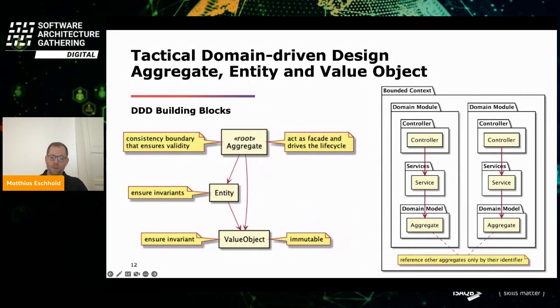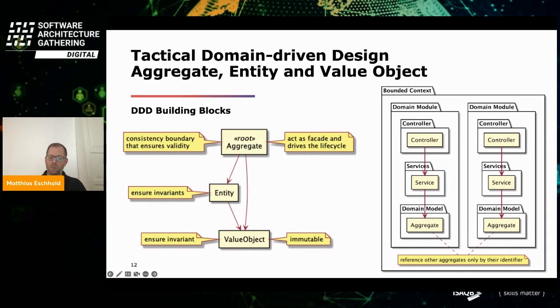And aggregates are elements of the tactical domain-driven design and live inside a bounded context. Each context could contain more than one aggregate. And so we could say the aggregate is a modularization motivated by domain that drives the internal structure of a bounded context. And if we think, for example, in Java, we want to create domain modules around the aggregate.